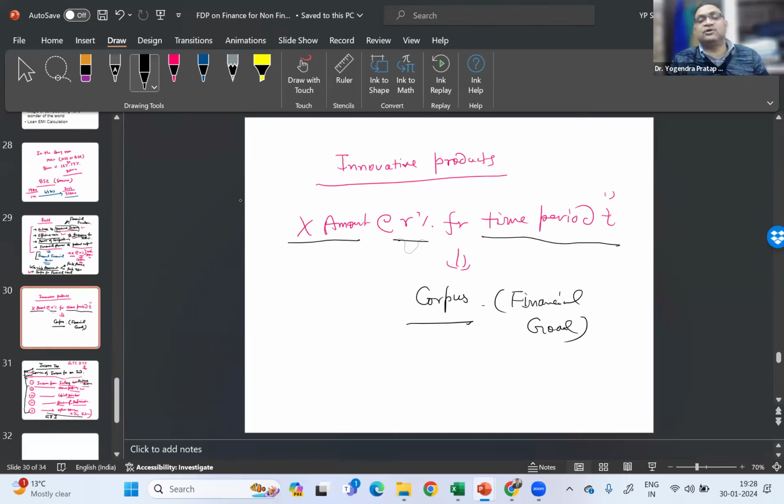After this, the role of product experts comes. After the financial planner, the product experts come into the picture. In the US, no financial product expert can approach you before the financial planner.